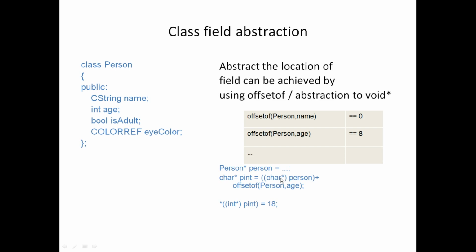Char is used here for calculating the pointer itself, and then you add the offsetof and you get a character pointer back, which is basically a void pointer to that int. Then you convert it to int type, and you can assign some value to it through pointer assignment.